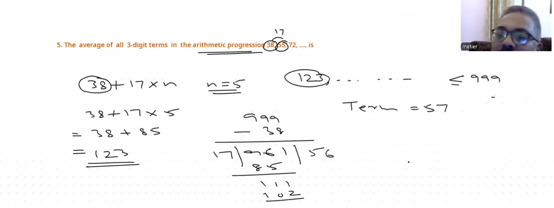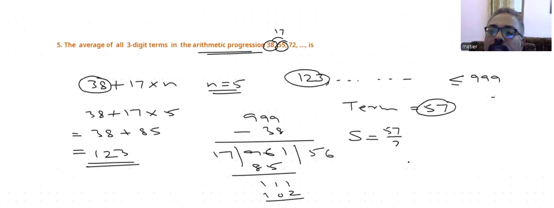So their sum will be the sum of the AP: 57 by 2 into, it's better to calculate this, that will be easier to find out the last one. So 123 plus 57 into 17. Sorry, 56 into 17.